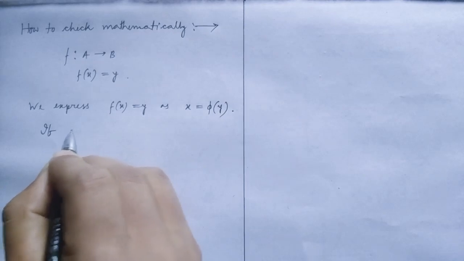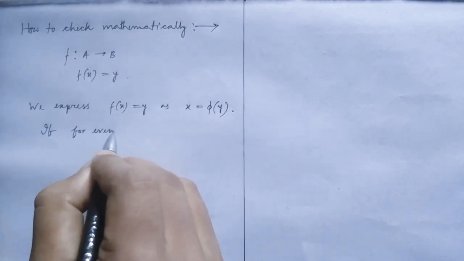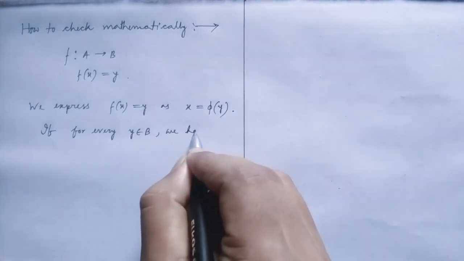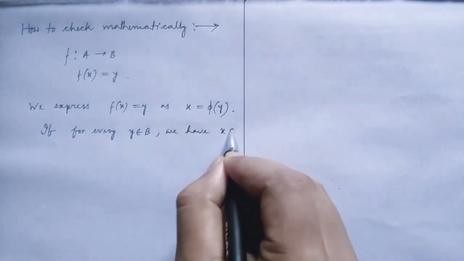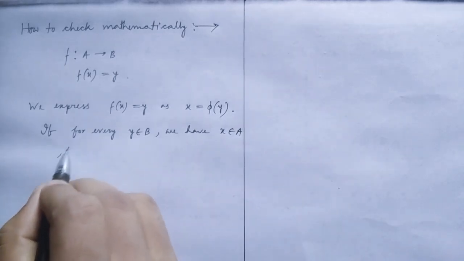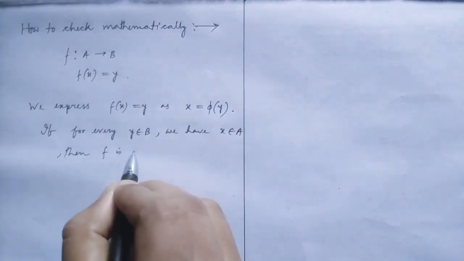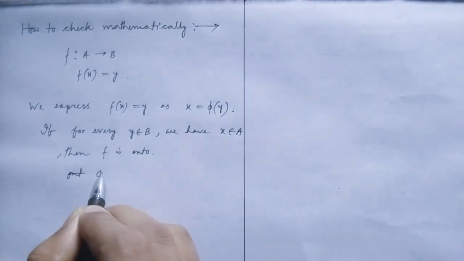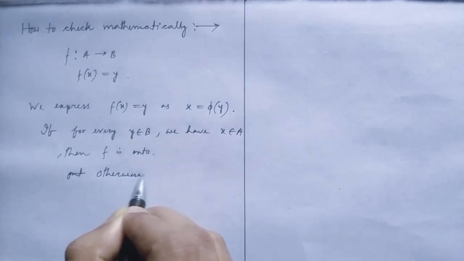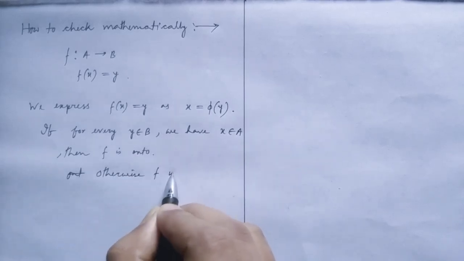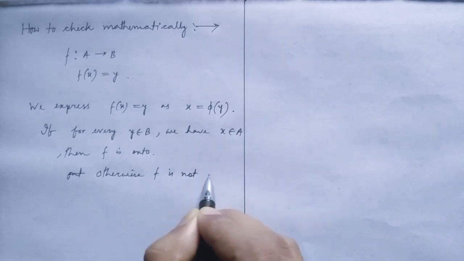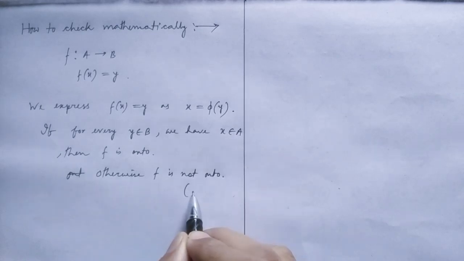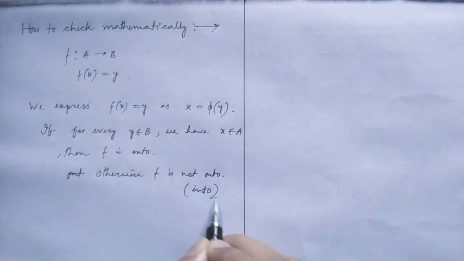If for every y belongs to B, we have x belongs to A, then f is onto. Otherwise, f is not onto, and you can say it is into.